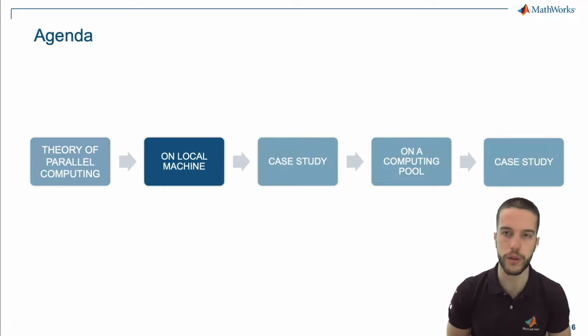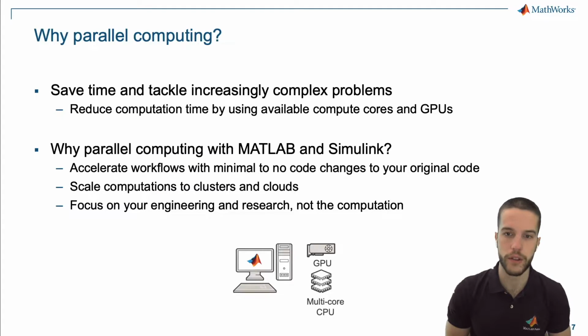Let's see how to use this parallel toolbox on a local machine and why use it. The reasons are multiple, but above all, we can reduce the computational time a lot. In particular with MATLAB and Simulink, with some small adjustments in the code, we can exploit the full potential of the machine and the code that we have written.